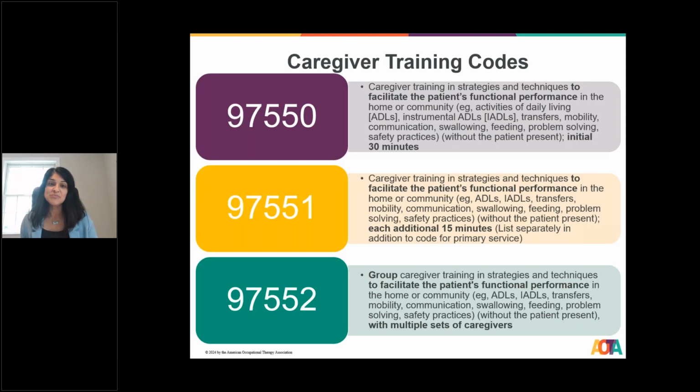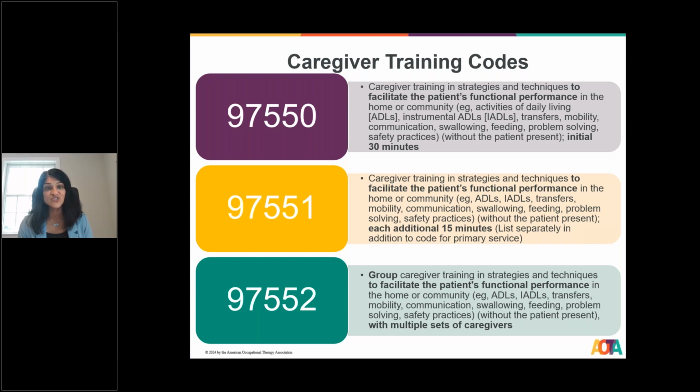And I thought I would be remiss to not mention, slightly off topic but relevant to a slide that Judith gave earlier about caregiver availability. Starting January 1 of 2024, AOTA, APTA, and ASHA all together advocated for the development of 3 caregiver training CPT codes.